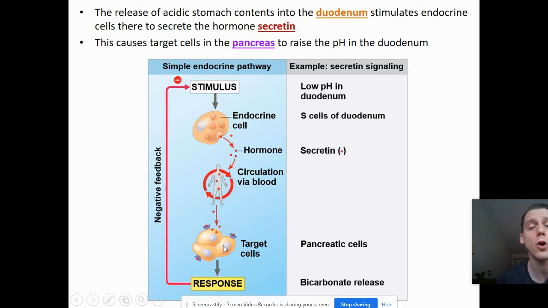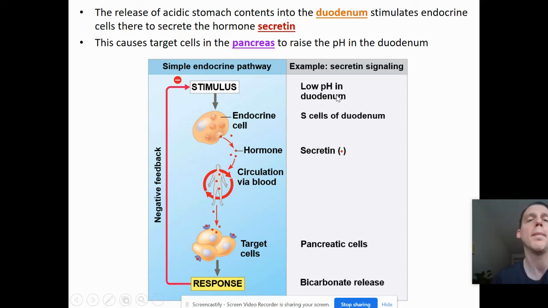This hormone is going to cause something to happen in the target cell, and that response is going to shut down the endocrine cell from producing the hormone. So it's a way of maintaining homeostasis, right? Our endocrine system maintains itself through negative feedback. We keep homeostasis through negative feedback.